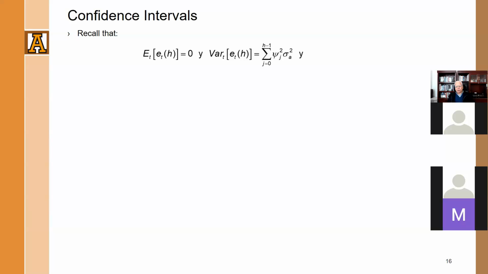See, because the variance for the a's is constant, the sigma squared. So we just have the coefficients for the expression of the model, which are the psi weights. So the psi weights squared times sigma squared.